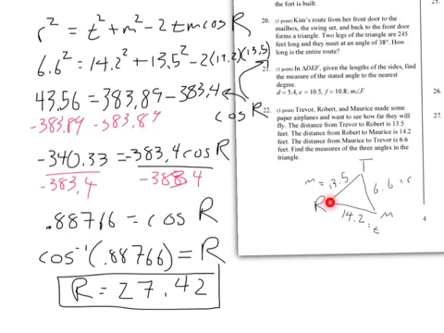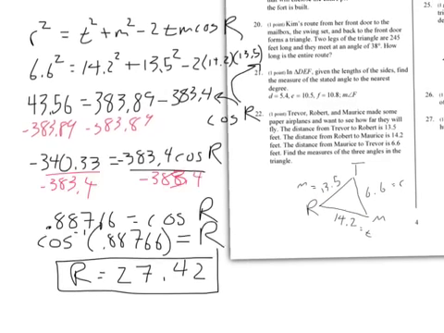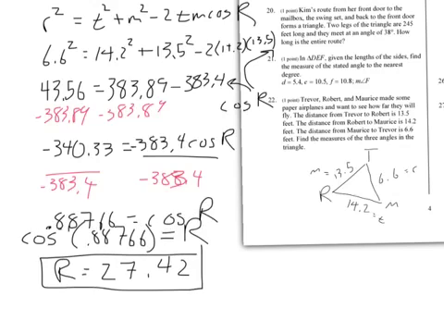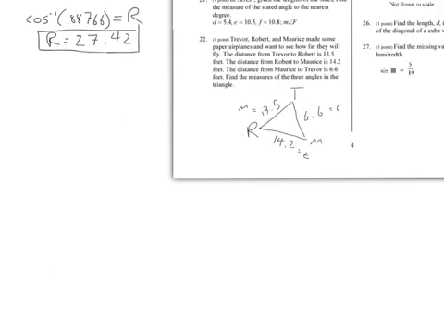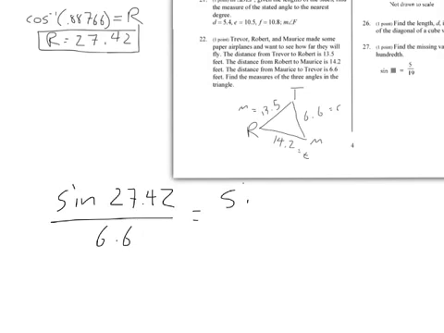Now here's the problem. I still have to use the law of sines to find another angle here. So I'm just going to set that up and let you guys figure out what to do from there. Now that I have r, I can set up sine of r, which is 27.42, over the side r, which is 6.6, equal to the sine of m over side m, which is 13.5.